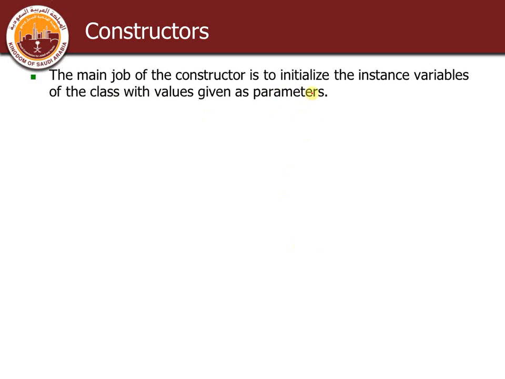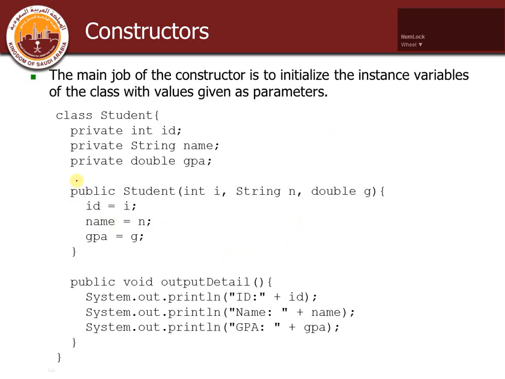So again, we said that the main job is to initialize the instance variables, and we can initialize those instance variables by doing something like this. Very simple. I put my own values in the constructor, so I have a fast way of putting the values inside my instance variables.